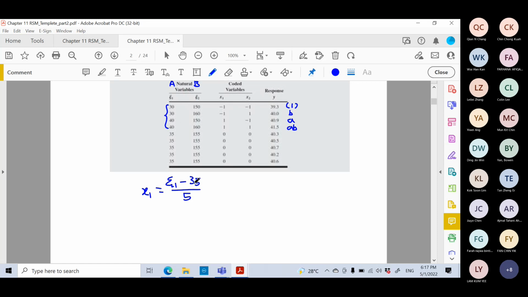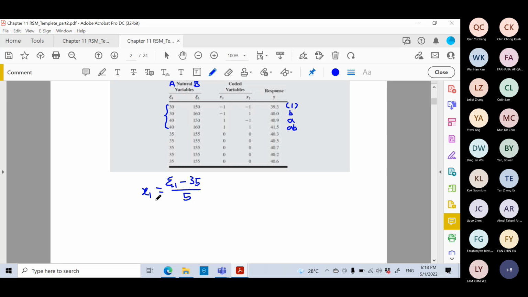You get the 5 from the difference of these two, 40 minus 30, divided by 2. So for X1, if you substitute Z as 30, you get -1. If you substitute 40, you get positive 1. If you substitute 35, X1 will end up as 0.